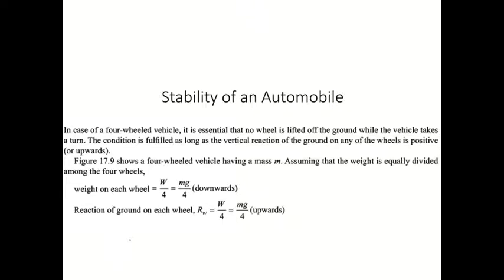On each wheel definitely a reaction force will be there, since the vehicle load is evenly distributed on all the four wheels. Since all the loads are acting downwards, there will be a reaction force in the upward direction on all the wheels.